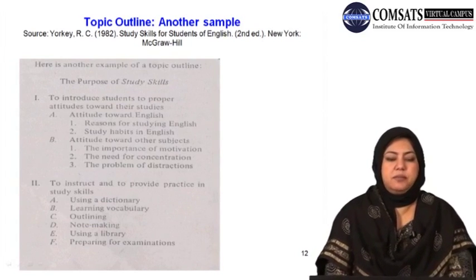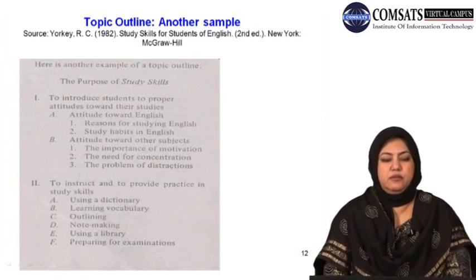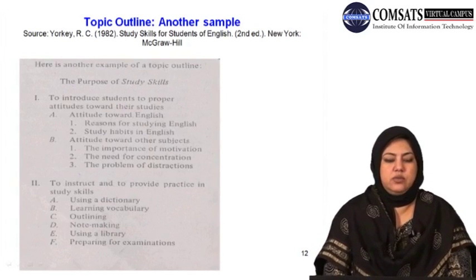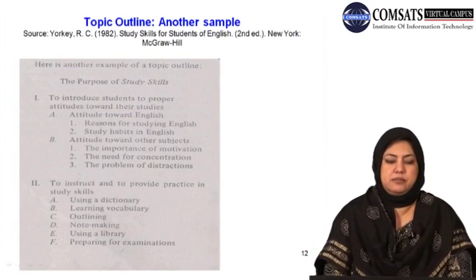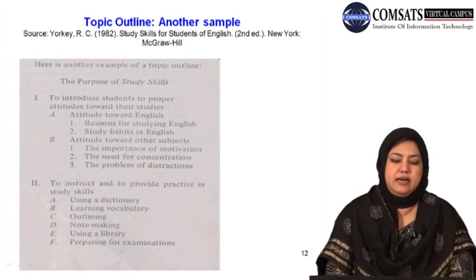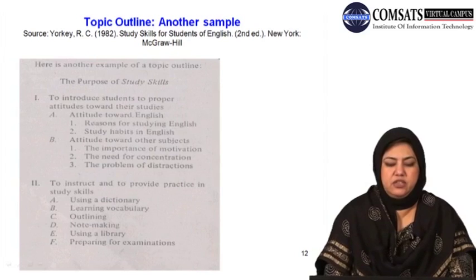As you can notice, subcategories or subheadings within the first heading are two. That is A, attitude towards English, B, attitude towards other subjects. Whereas under the second main heading, you would find more than two subheadings. A, using a dictionary, B, learning vocabulary, C, outlining, D, note making, E, using a library, and F, preparing for examinations.